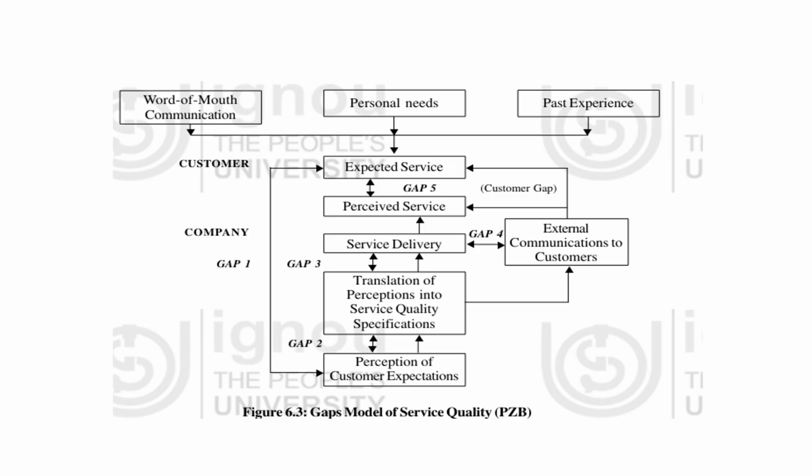So here we take note that service quality problems are not random. They result from identifiable gaps within the organization. By identifying and closing gaps 1 to 4, organizations can reduce gap 5 and improve customer satisfaction.